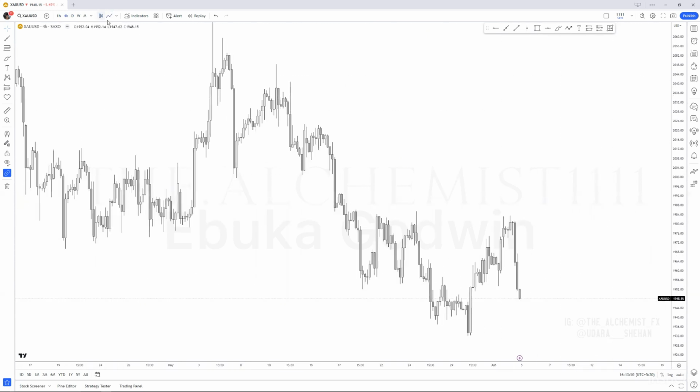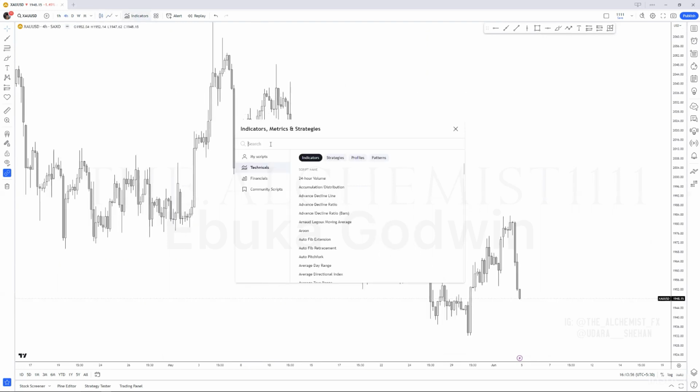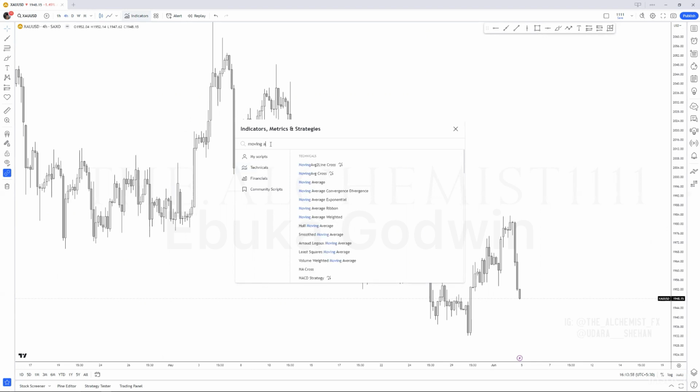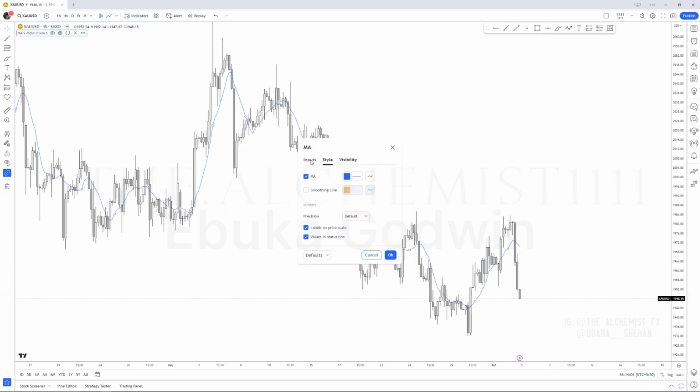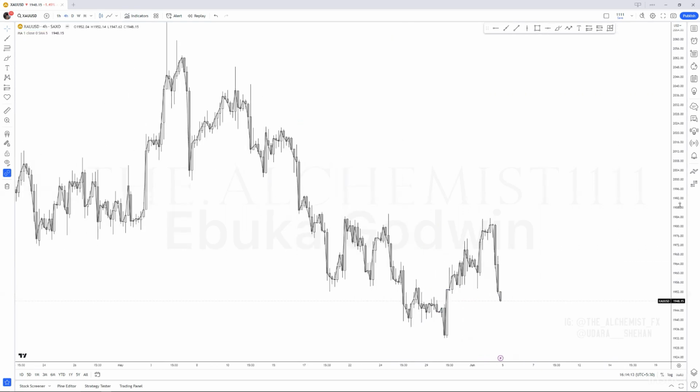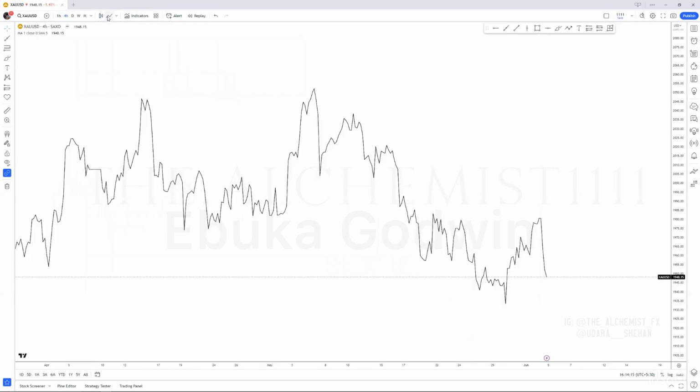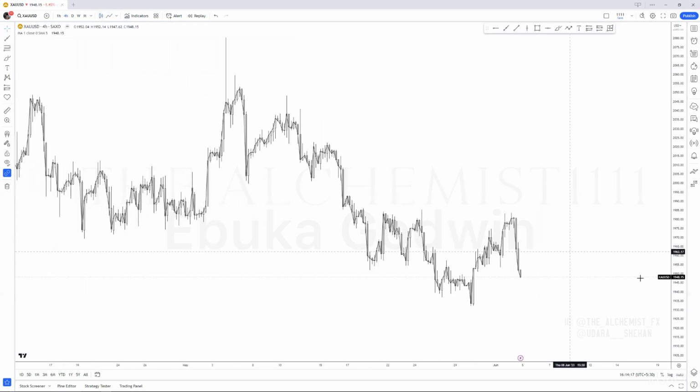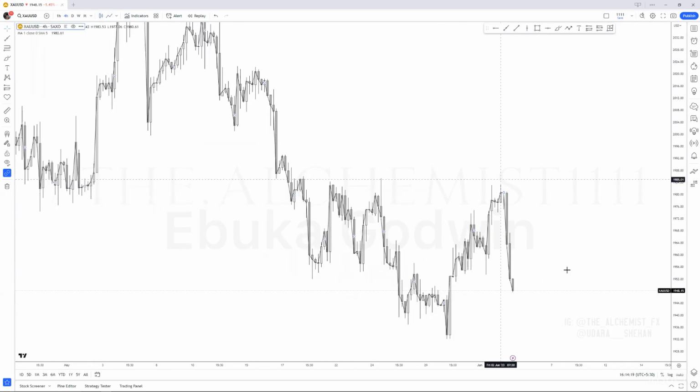And if you don't want to switch back and forth from candlesticks to line chart, you might know this already, but you can go to indicators and take the moving average, and then set its length to 1. And there you go, you have the line chart on the candlestick chart itself. You have the line chart and the candlestick both together.